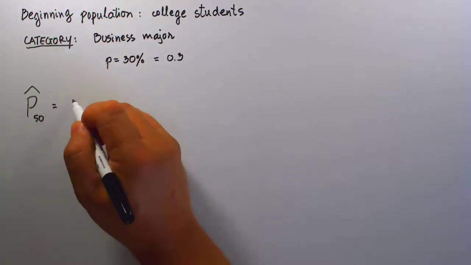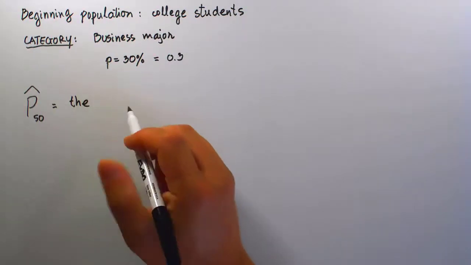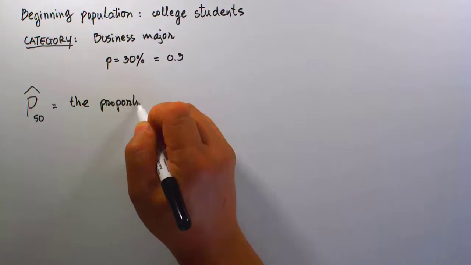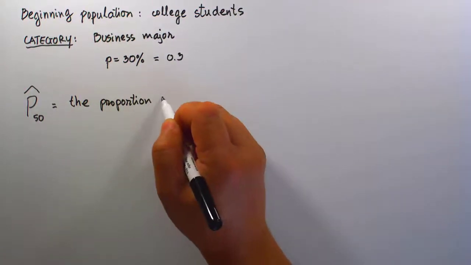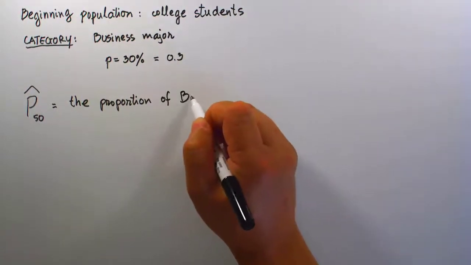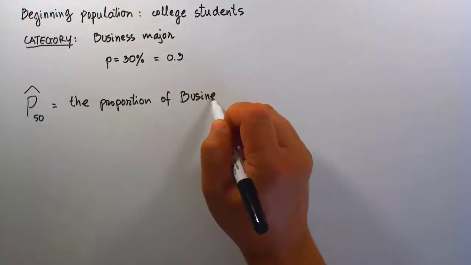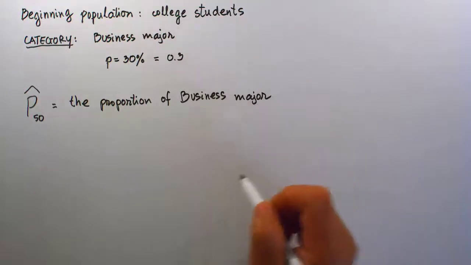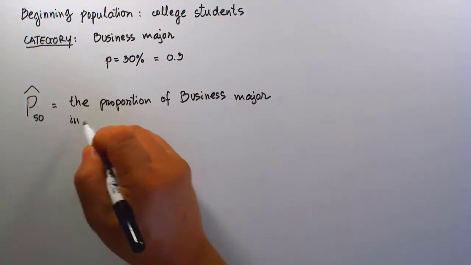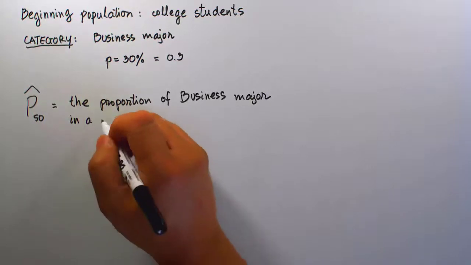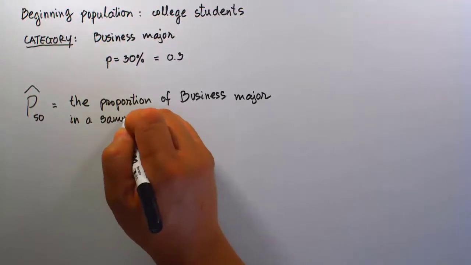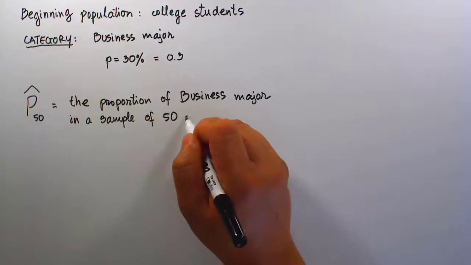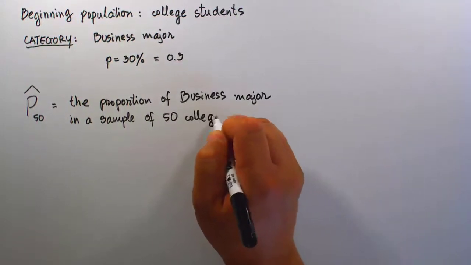This represents the proportion of business majors in a sample of 50 college students.